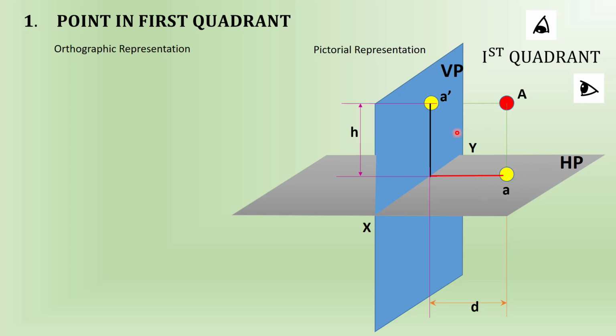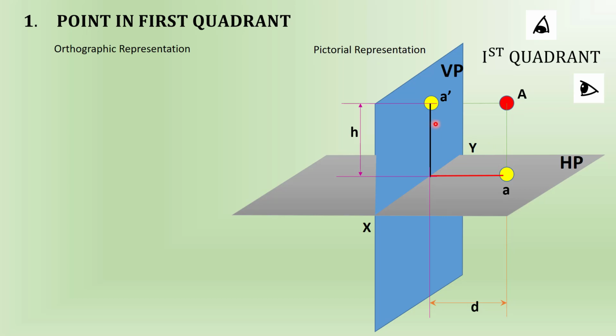So, in short, the distance of the plan point from the reference line denotes the distance of the original point from the vertical plane. Similarly, the distance of the elevation from the reference line denotes the distance of the original point from the HP. You need to remember this. The distance from the HP will be marked on the vertical plane.